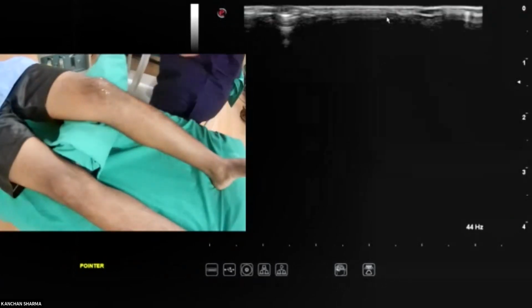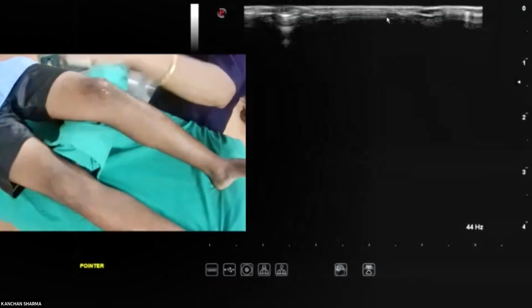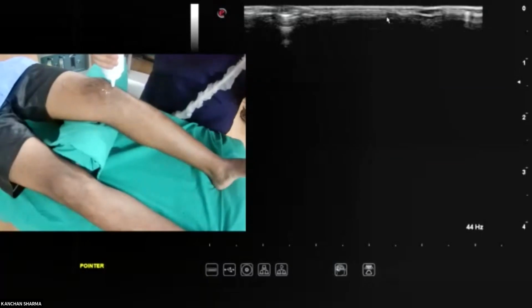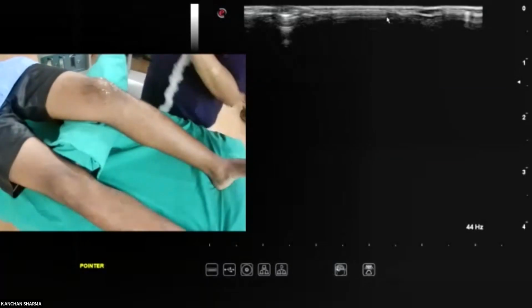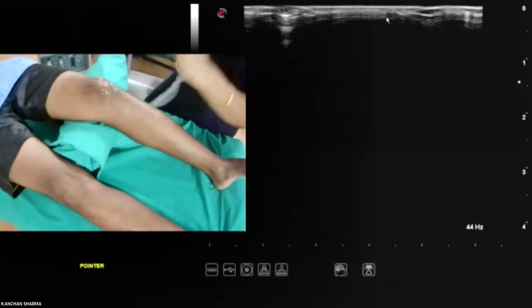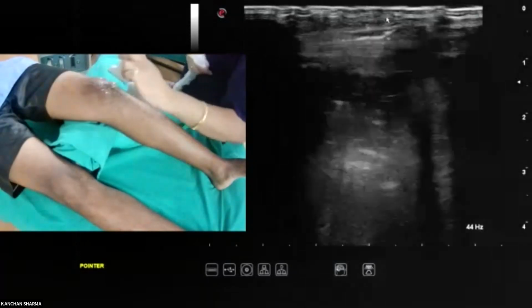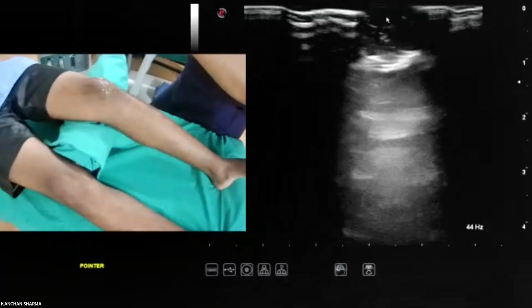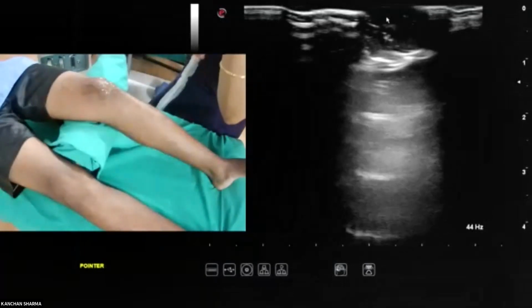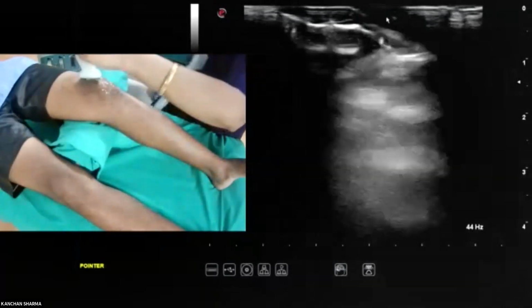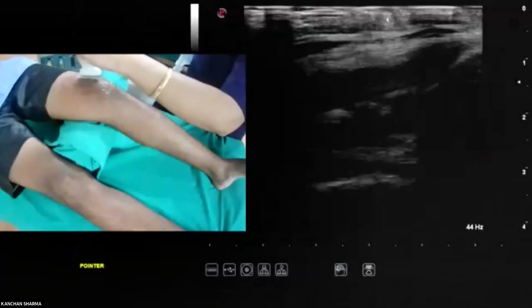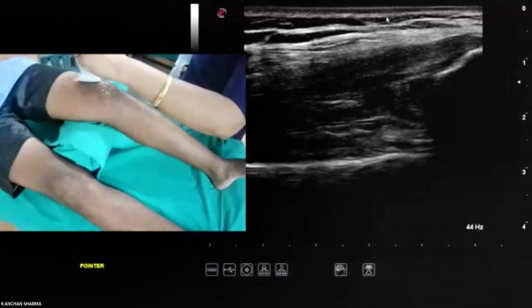Now, learn the third probe position. Let me repeat once again so that you remember the probe positions, because this is very important. If you know this, the knee is the easiest joint to scan. First, the probe was in the longitudinal axis, with the marker towards the head.